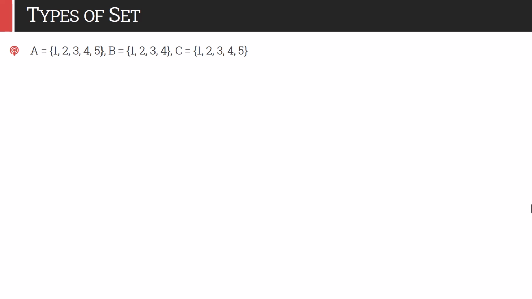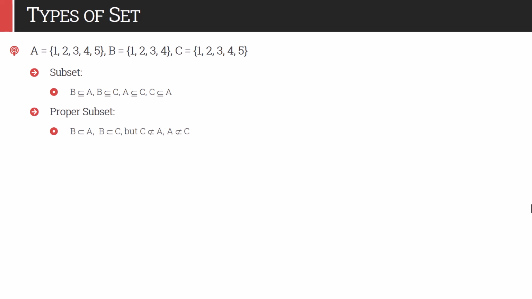If we have a set A equal to {1, 2, 3, 4, 5}, B equal to {1, 2, 3, 4} and C equal to {1, 2, 3, 4, 5}, then for subset the following conditions are true. B is a subset of A, B is a subset of C. That's very obvious because A and C both contain all the elements of B. Sets A and C are identical, but still we can say A is a subset of C and C is a subset of A by the definition of subset.